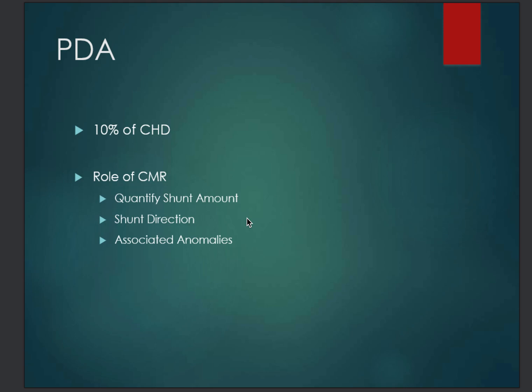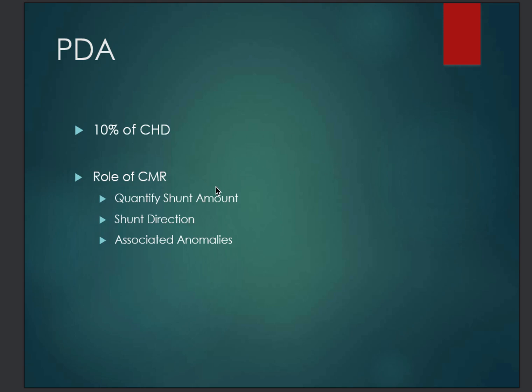So if you measure a flow in MRI of 10 milliliters in the main pulmonary artery, then you should be able to measure 6, for example, in the RPA and 4 in the left pulmonary artery, because the normal distribution is 60 to 40, since the right lung is larger than the left lung.